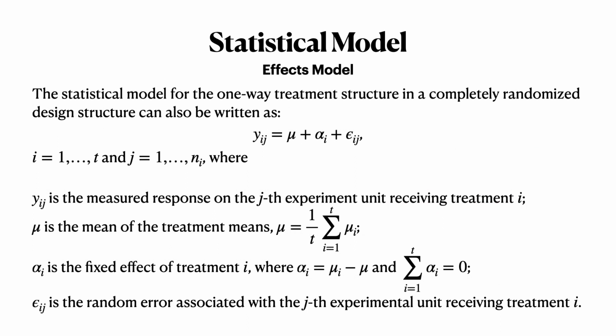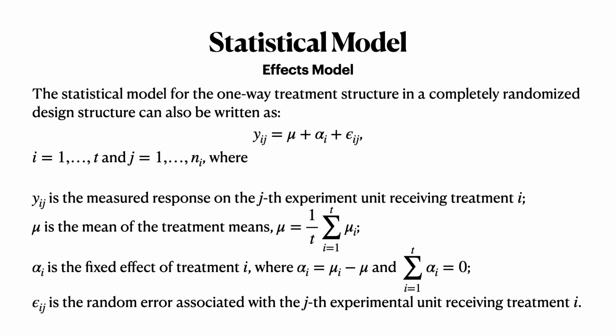The statistical model for this one-way treatment structure in a completely randomized design structure can also be written in the following way. Y sub ij equal to mu plus alpha sub i plus epsilon sub ij, where again i ranges from 1 up to t and j ranges from 1 up to n sub i, for each i going from 1 to t. Again, y sub ij is the measured response on the jth experimental unit receiving treatment i.